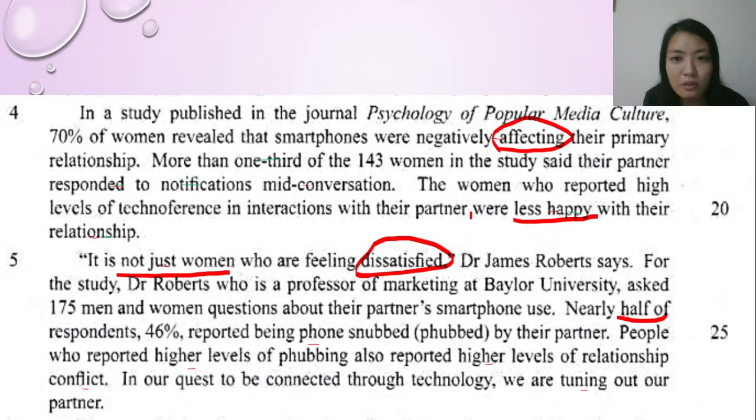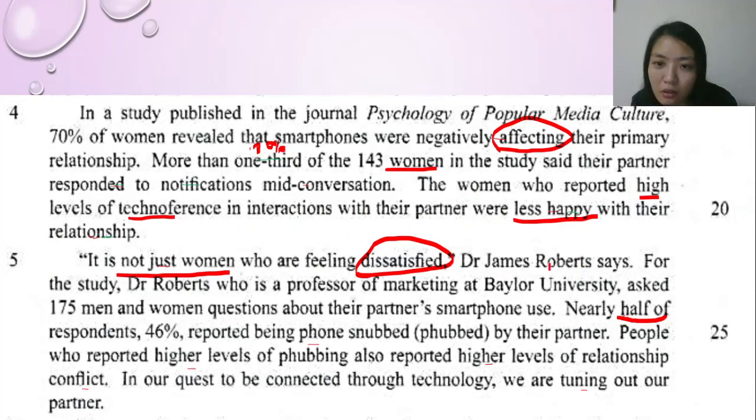Okay, it says here, women are less happy. Up here also, more than 1/3. More than 1/3 is talking about 30%, but this is talking about women. So nothing to do with men just now. So it says high levels of technoference make people less happy.